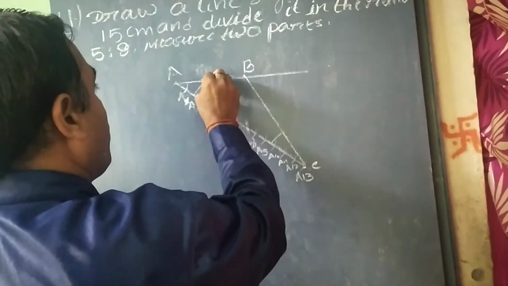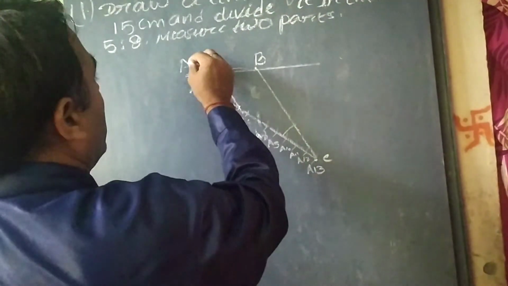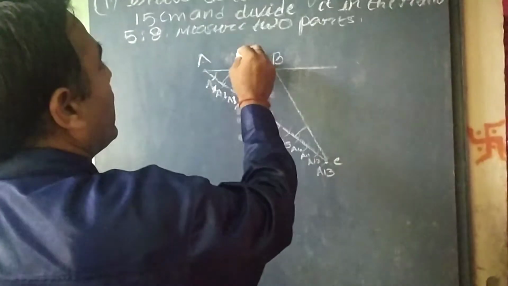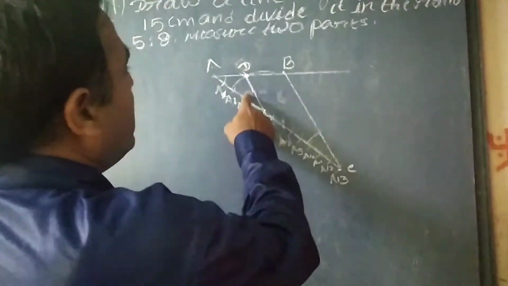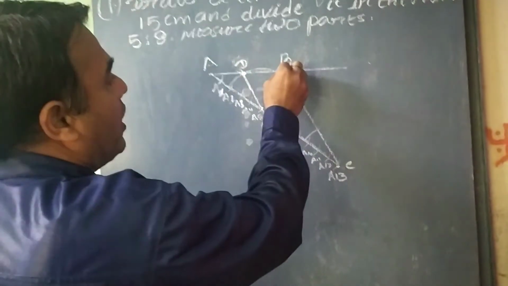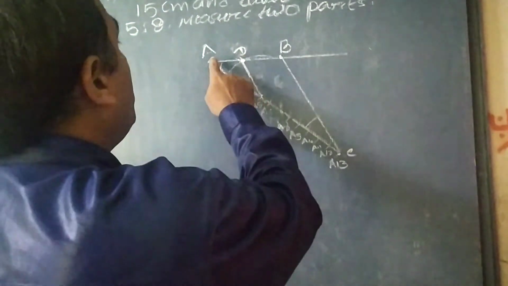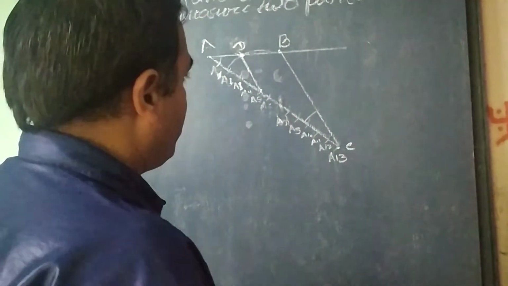So this is the point on AB, let it be D. So this is how we have divided the line segment of 15 centimeters into 5:8 parts.